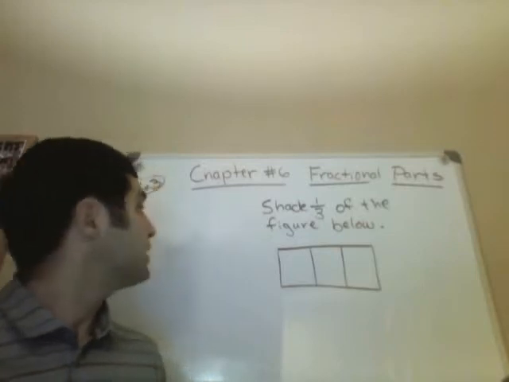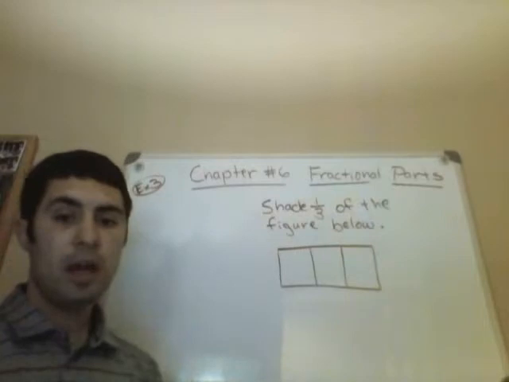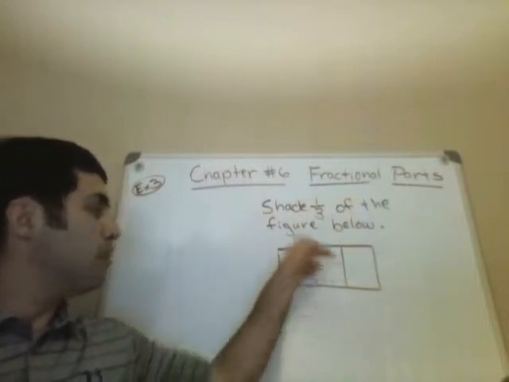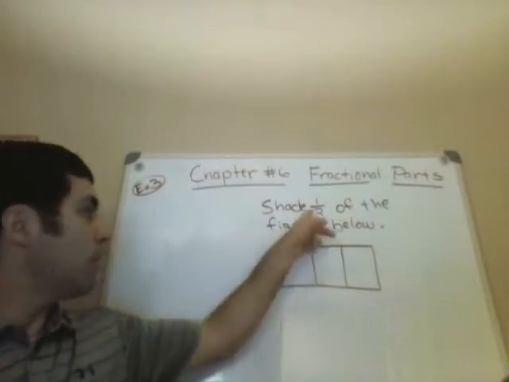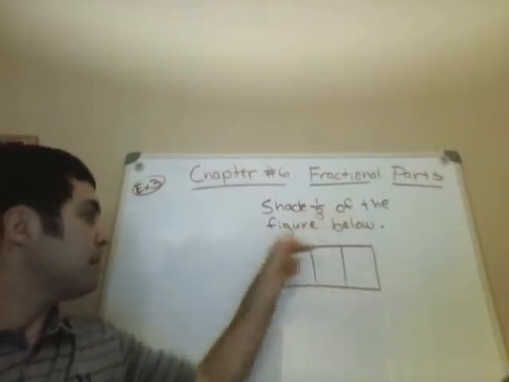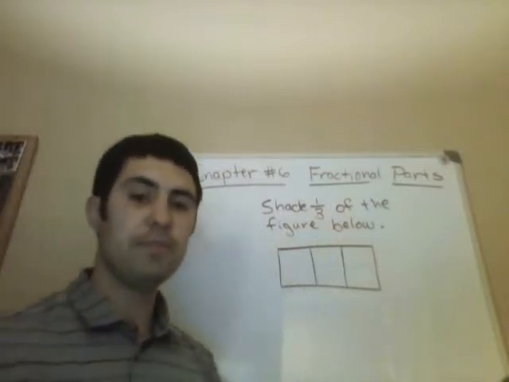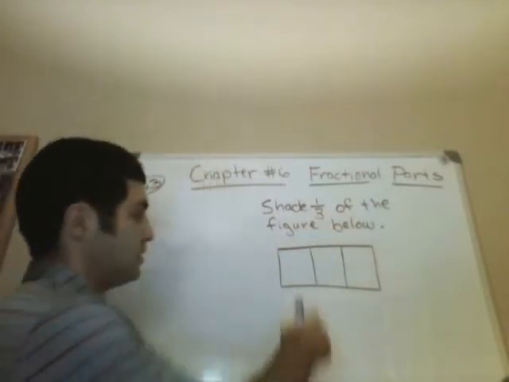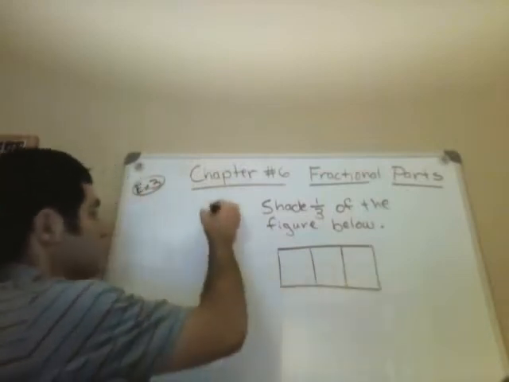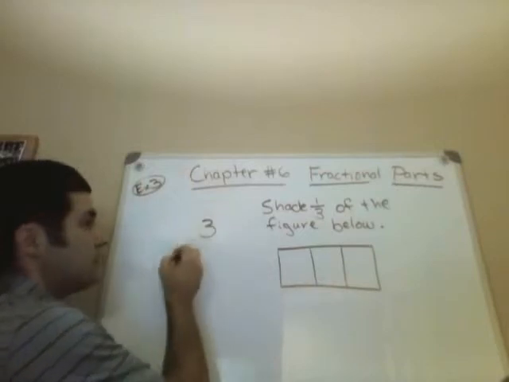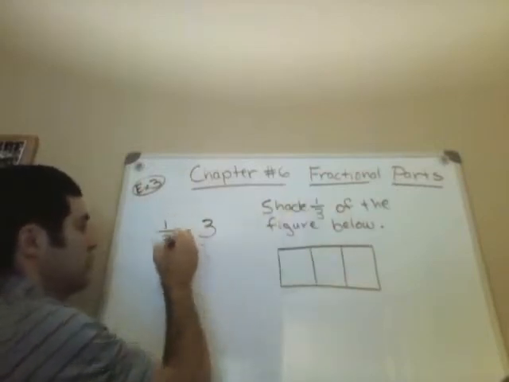Okay, so example number 3, it says shade 1/3 of the figure below. So what makes the whole? This is a whole figure, so we want 1/3 of this figure, the whole figure. Like we were just doing, we find out what the whole is, and that is comprised of 1, 2, 3 parts. So we're going to take 3 times 1/3.